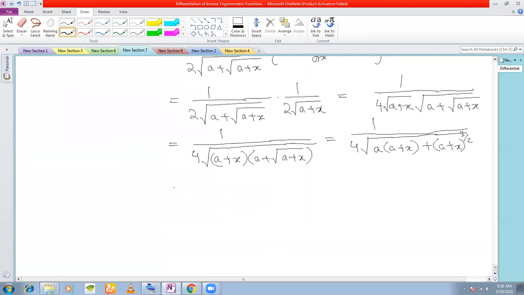And so you finally get your answer. So 1 by 4 root of (a squared plus ax plus (a plus x) to the power of 3 by 2). Okay, I've just shown you how to simplify. You can leave your answer here also, or you can leave your answer here also. No problem. Okay. So I'll stop here.